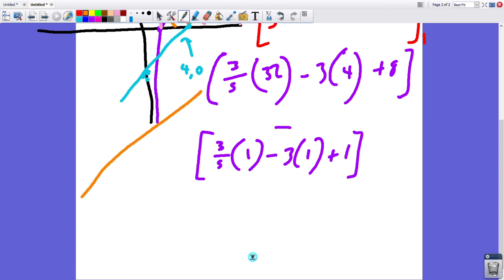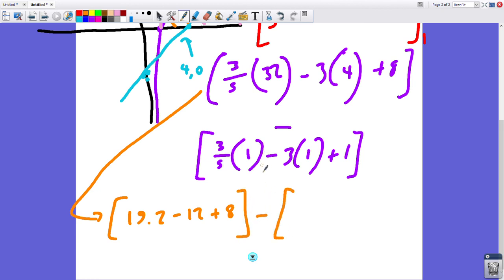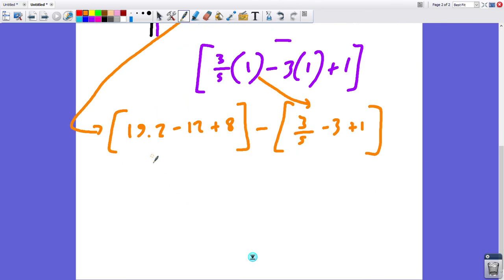So just going here, this will be equal to 19.2 minus 12 plus 8, and then minus and we're going from here to here now. 3 over 5 times by 1 is 3 over 5, minus 3 and plus 1. Okay, 19.2 minus 12 is 7.2. 7.2 plus 8 is 15.2.